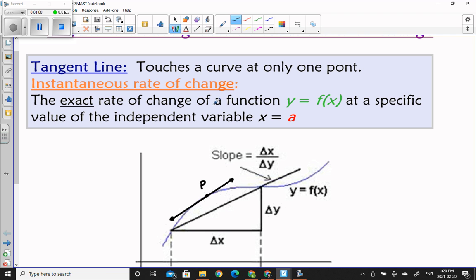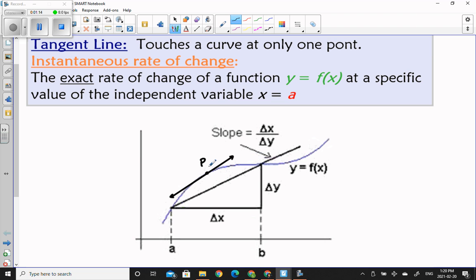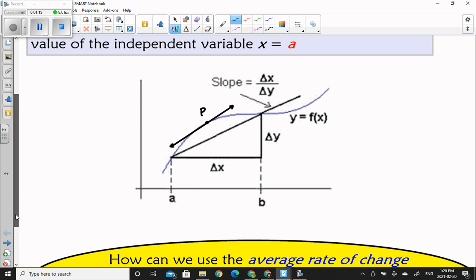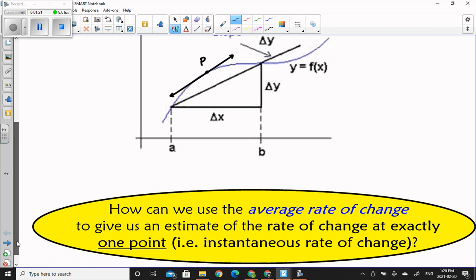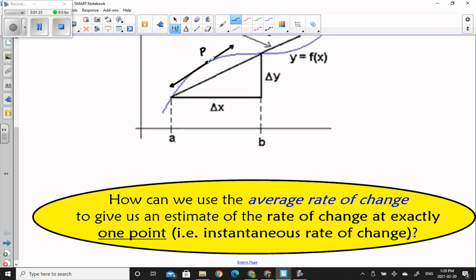The exact rate of change of a function y equals f of x at a specific value of the independent variable x equals a would be the instantaneous rate of change at that value a. It is going to be difficult to find the exact value unless we're using calculus.